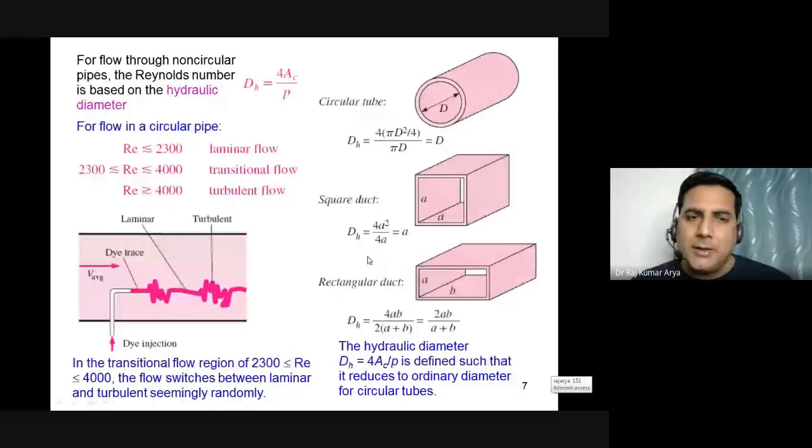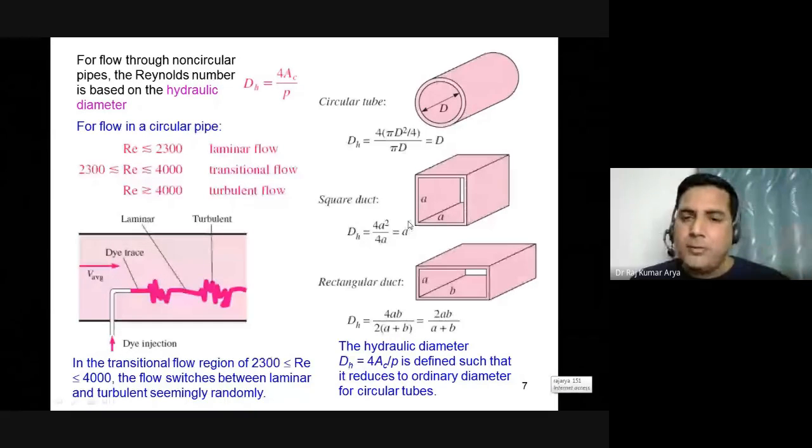So what are you calculating? You are calculating the area for flow. Let's say in this particular case, this is the square. So the area for flow, if the full duct is flowing, is A square, because the complete area is A into A. Now you have to divide by the weighted perimeter, meaning the perimeter in touch with the flowing fluid.